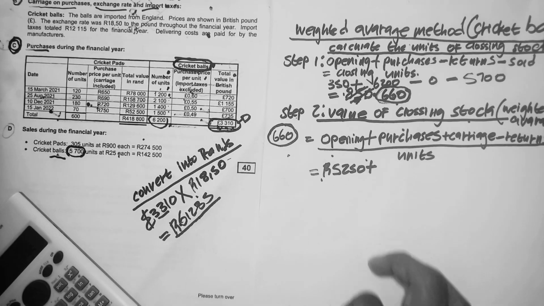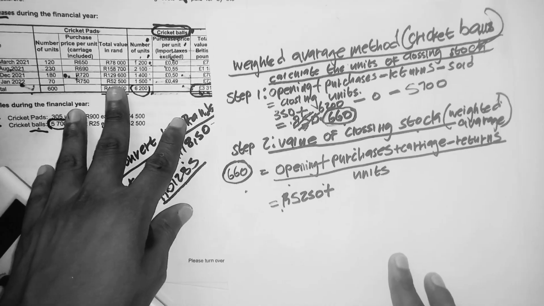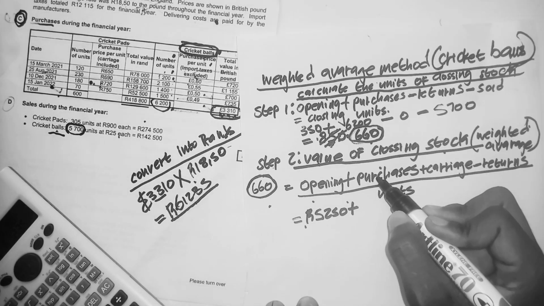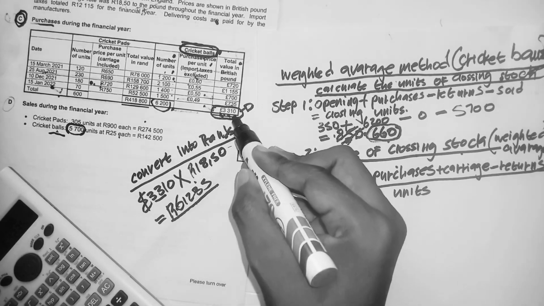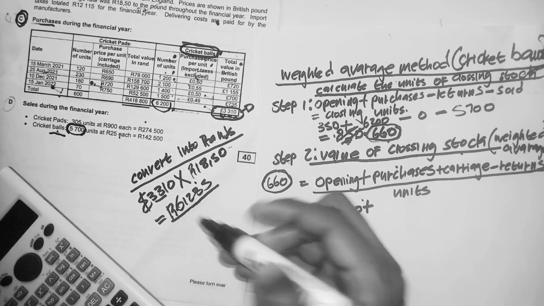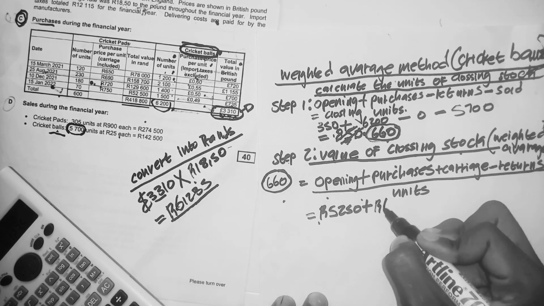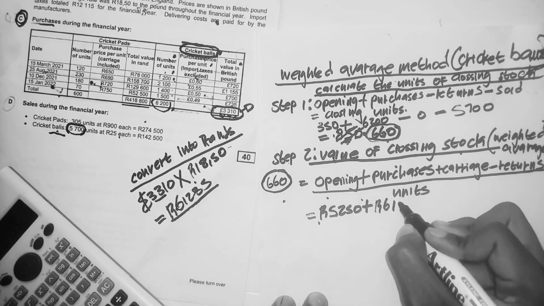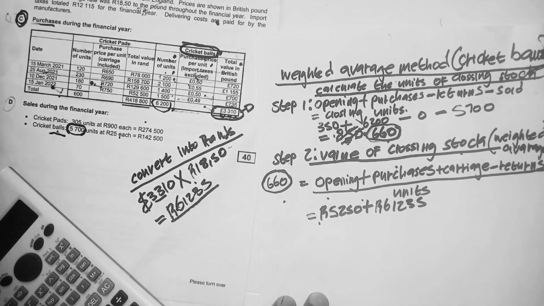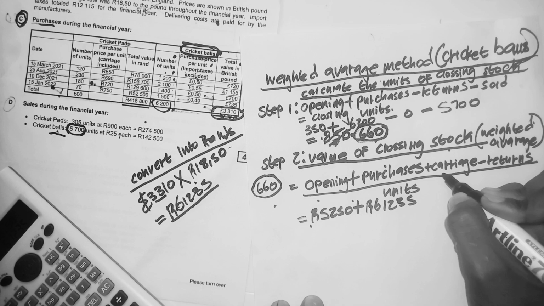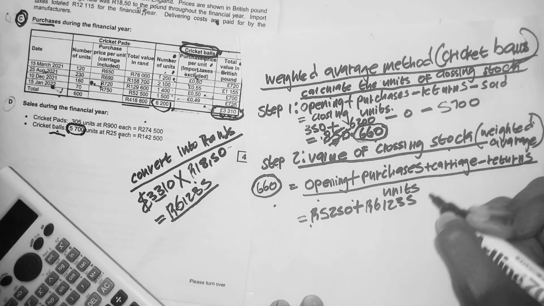So we go and include it. The total value for our purchases in rands, we converted this into rands. Then we got 61,235. That's our purchases.